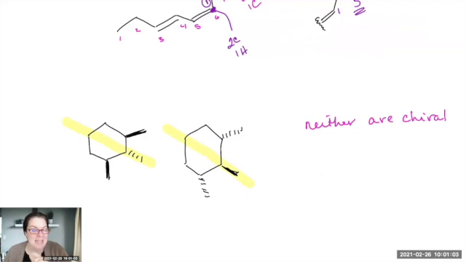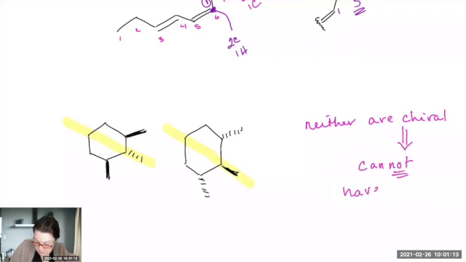That means that it cannot have an enantiomer. But each and every stereocenter is the opposite absolute configuration when I compare the two.